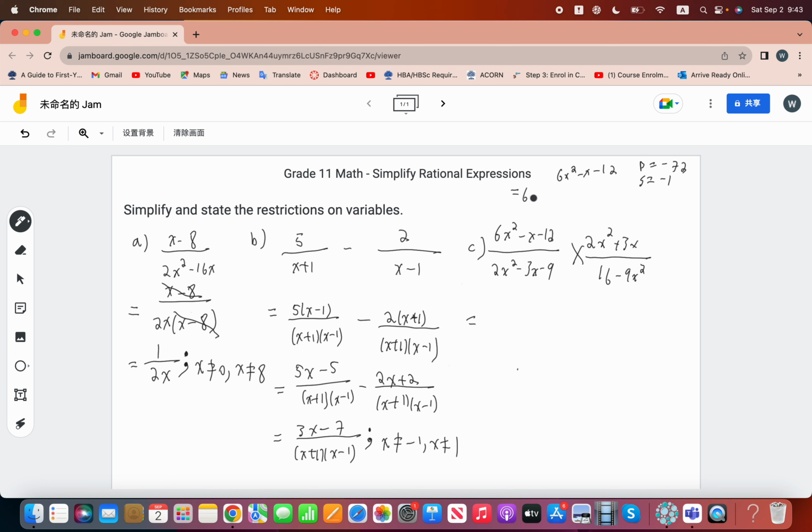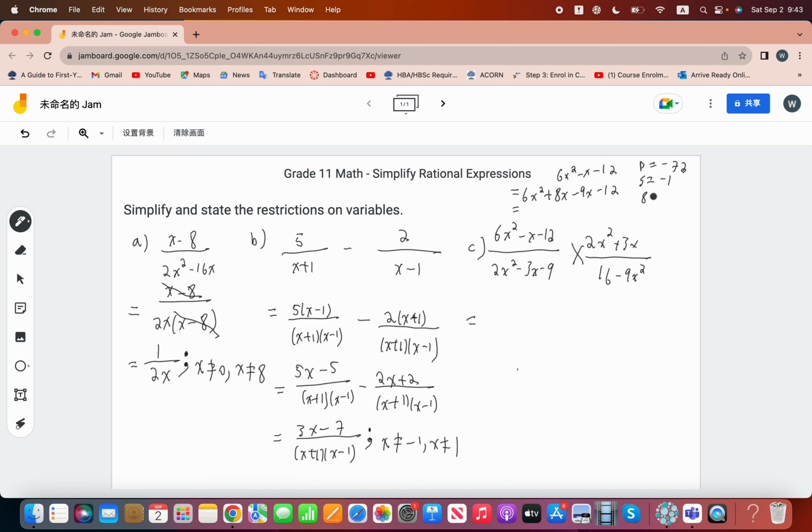So it's going to be 6x squared plus 8x minus 9x minus 12. Then I just factor by grouping.